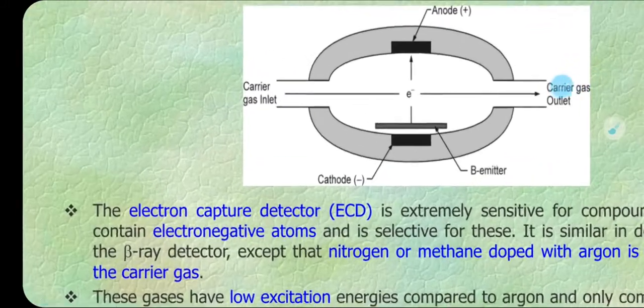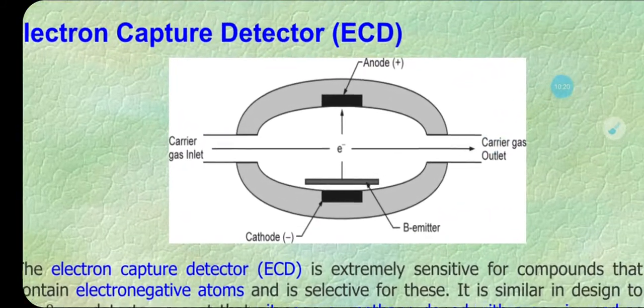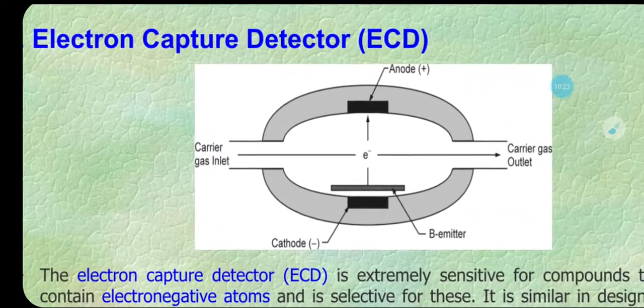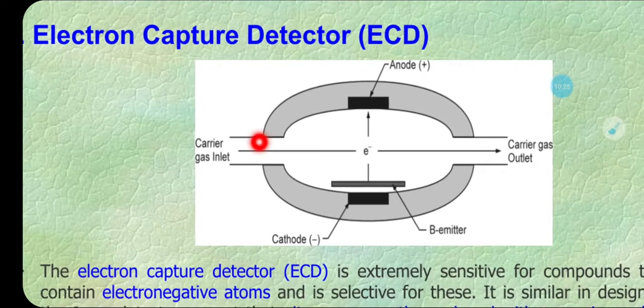This is the schematic representation of the electron capture detector. Here is the carrier gas inlet. The gas along with the sample comes through this ECD detector, and this is the carrier gas outlet that goes to waste. Here the anode is there and the cathode is there. The cathode emits electrons, and these electrons pass to the anode.